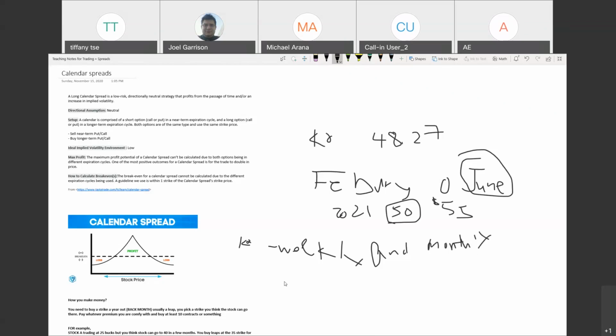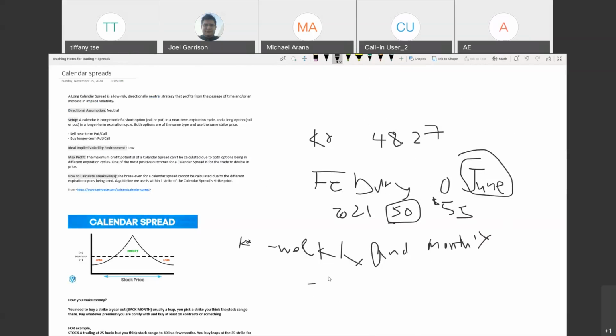Okay. And since you're selling the 50 strike, we're trading at 48. Basically, if you just get $48, $50, you also have to sell the same strike at 50. And that's a definition of a calendar strike.